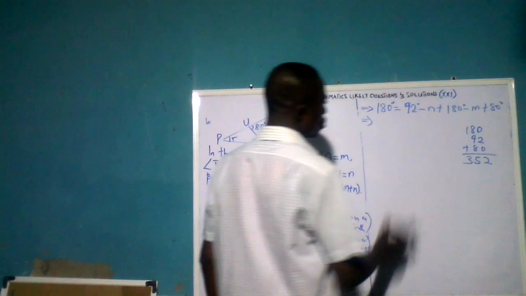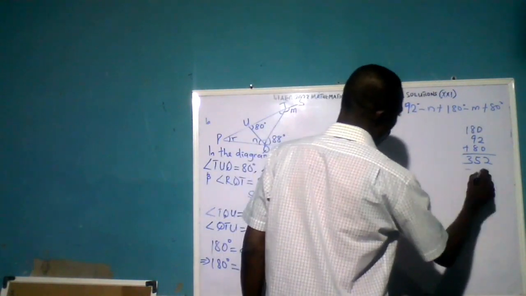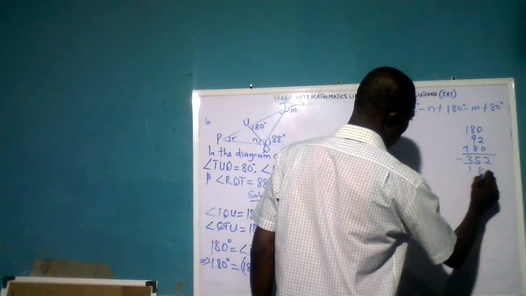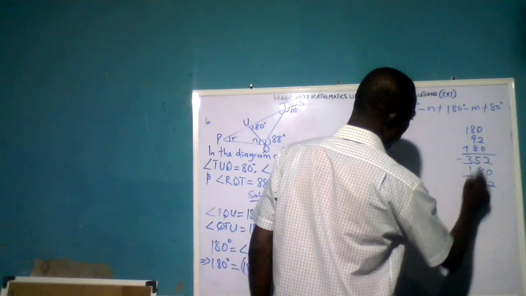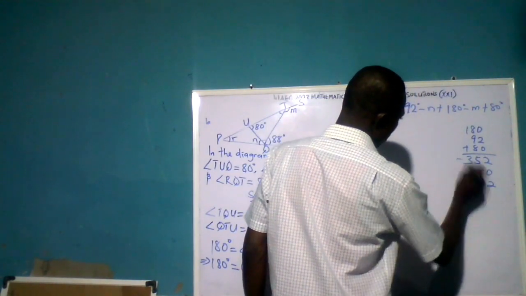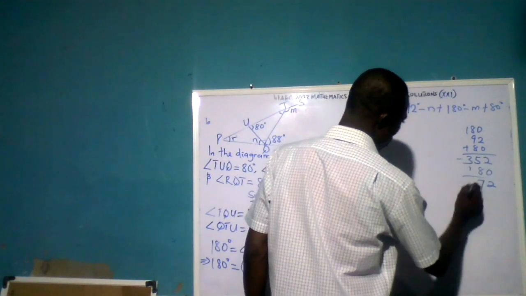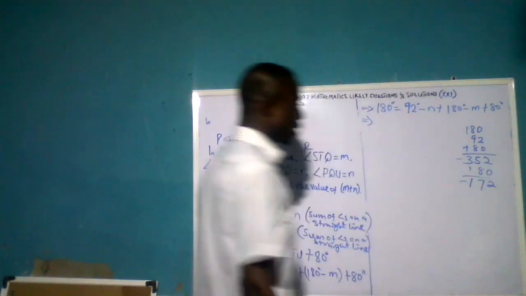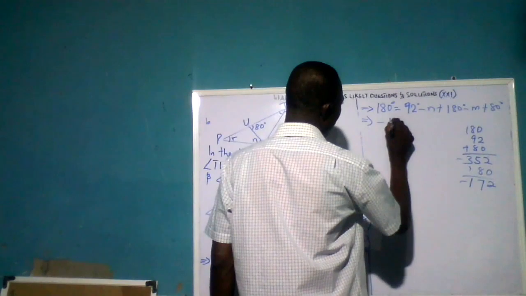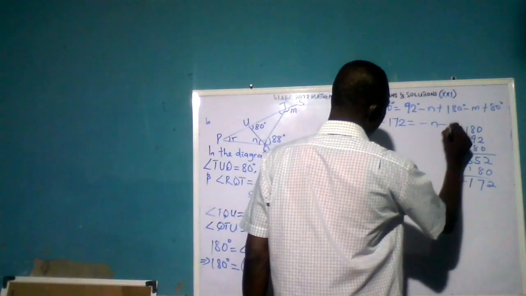So 352 taken from here to here will be 180 minus 352, so minus 172. Therefore, we have here minus 172 equals minus n minus m.